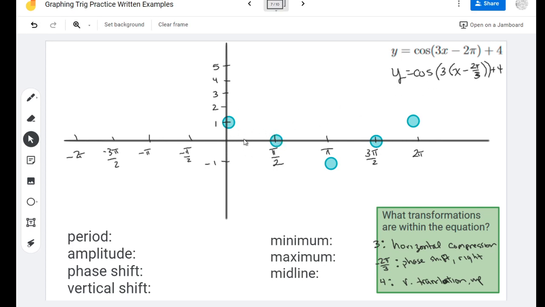I'm going to have 1/3 the distance, because I need to be able to do this U shape 3 times before 2 pi. So the easiest way that I have found to do this is to go in here and add tick marks between my points. So see how from 0 to pi over 2 was 1 hop? Now it's 3 hops.